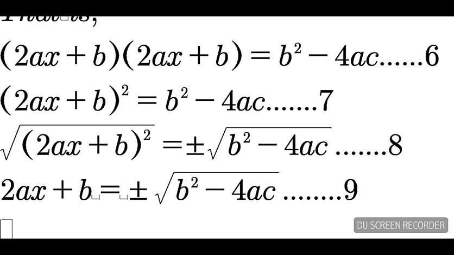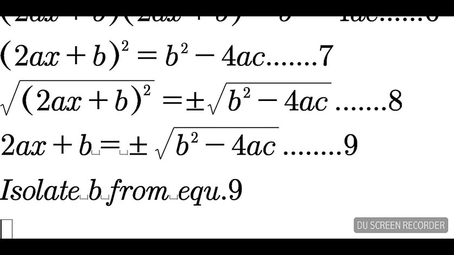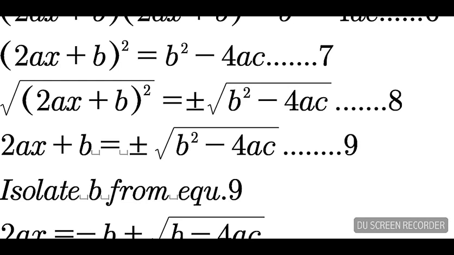Since we are solving for x, let's isolate the b from the left hand side of equation 9, to have 2ax equal to, now the plus b changes to minus b, plus or minus the root of b squared minus 4ac.